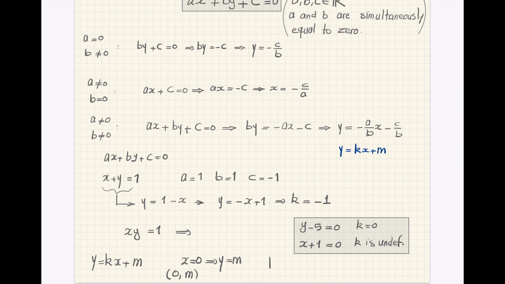Okay? So x is 0, y is m. If m is positive, for example, I will get a point here. This would be a point on this line. And this point is called the y-intercept. Okay, if m is positive, the intersection of the line with the y-axis is above the x-axis. If m is negative, I will get something below.